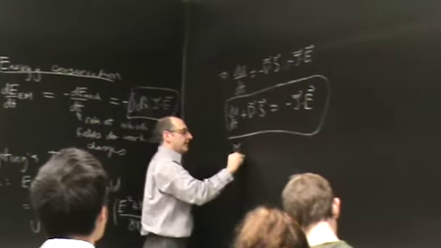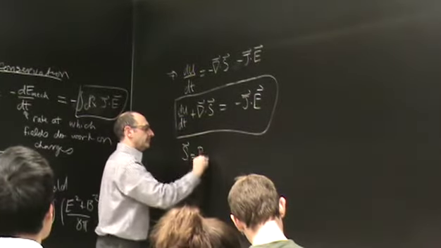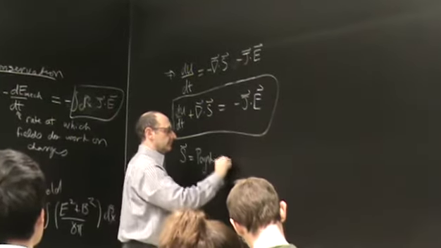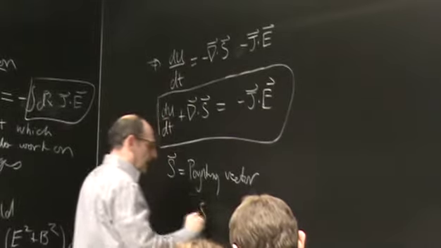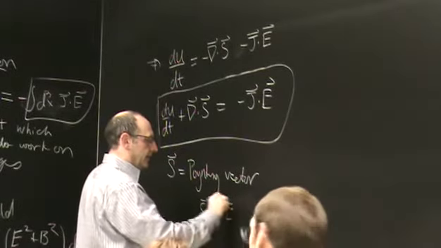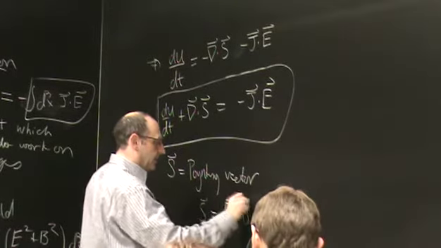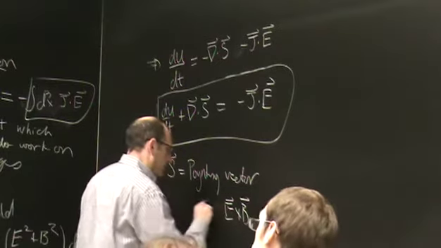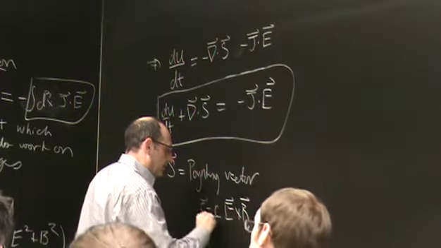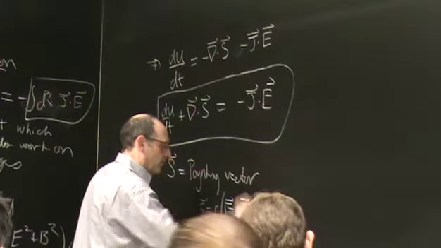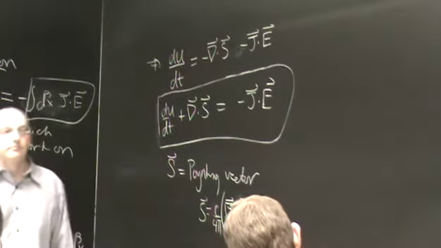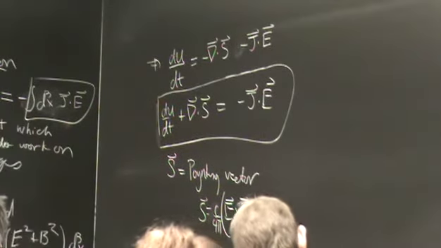Where S is the Poynting vector. S is equal to E cross B plus U times C. Okay?